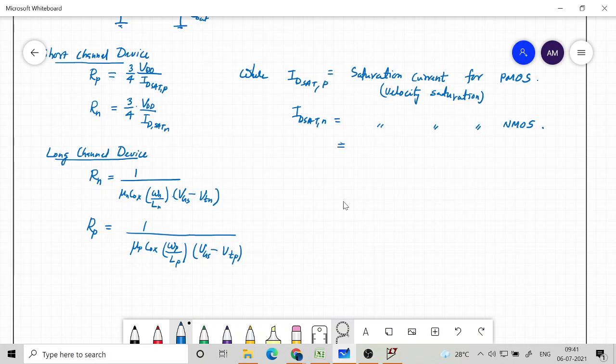The expression for that saturation current, if you remember, is mu n Cox Wn by Ln into VGS minus VTN into VD.